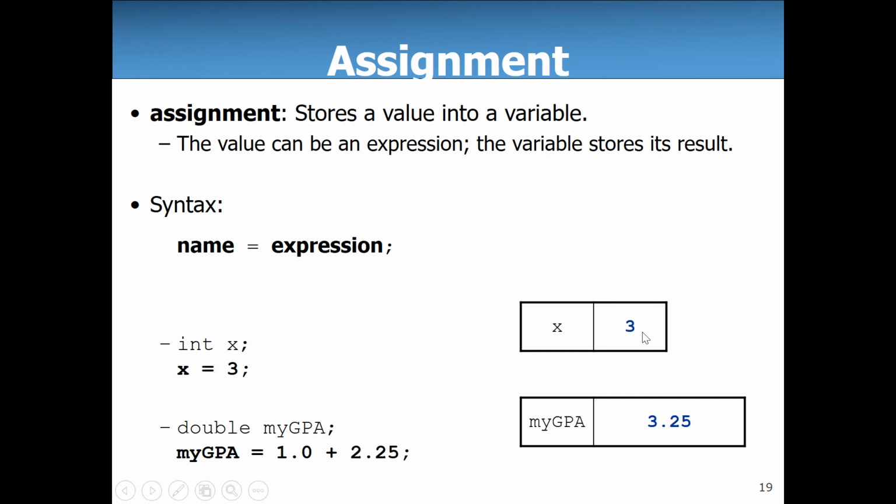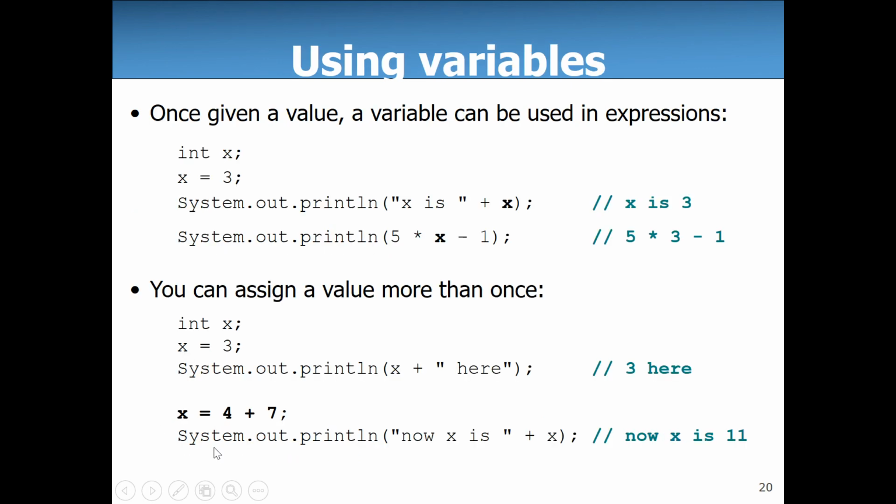We store 3 inside of x. My GPA is 1.0 plus 2.25, so it stores the value of this expression in there. And the great thing is that once we store it, we can evaluate it again and again and use it more than once.